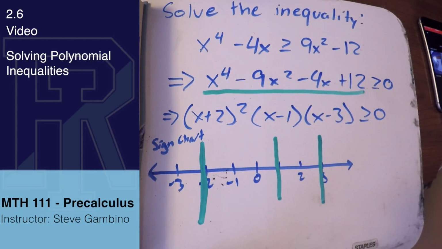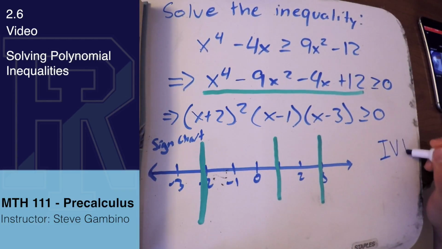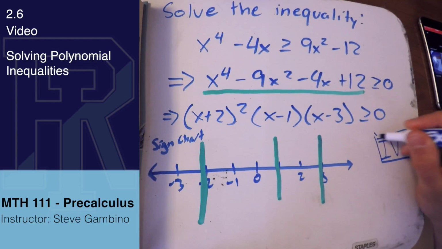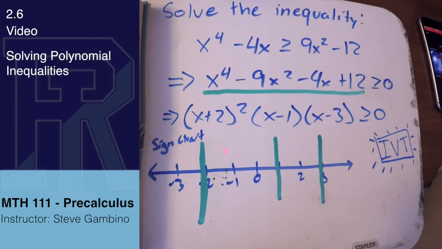Now, since we know that polynomials are continuous, we talked about this before when we talked about the intermediate value theorem, which I'm going to try to put a little link here in case you forget. We've talked about polynomials being continuous functions. Simply put, you can draw them the whole way through without picking up your pen.